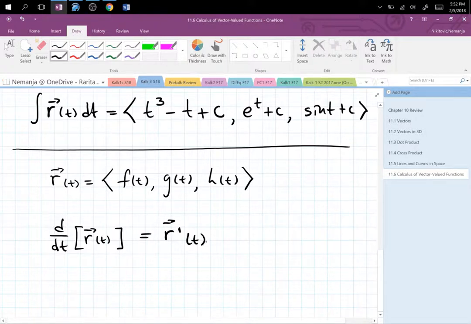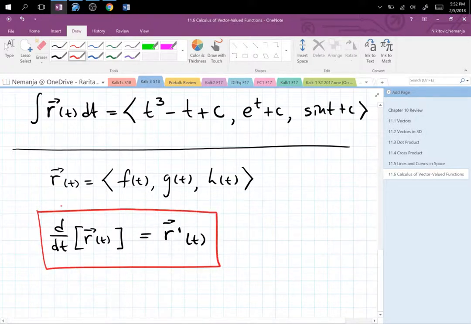And now that derivative is going to give us the tangent vector. So this over here is called the tangent vector.